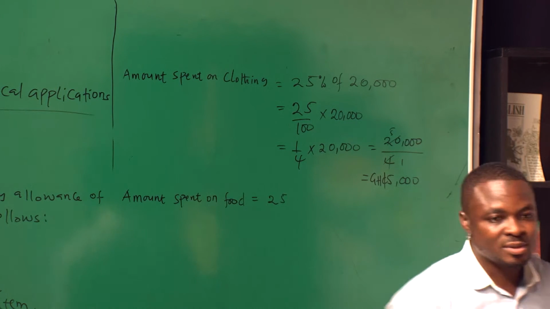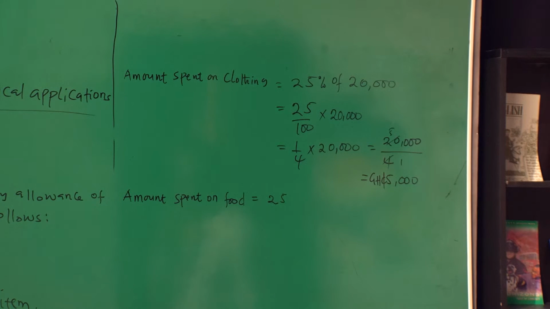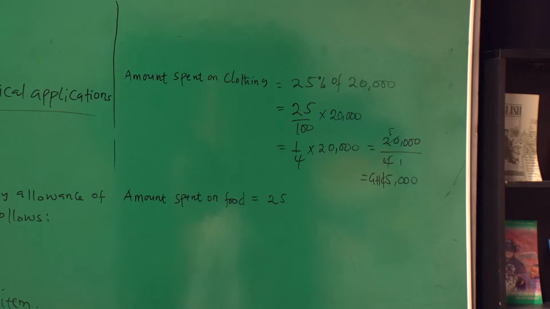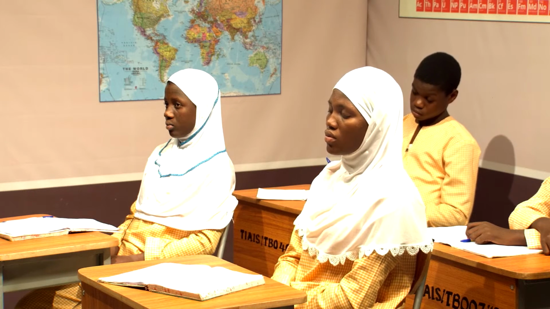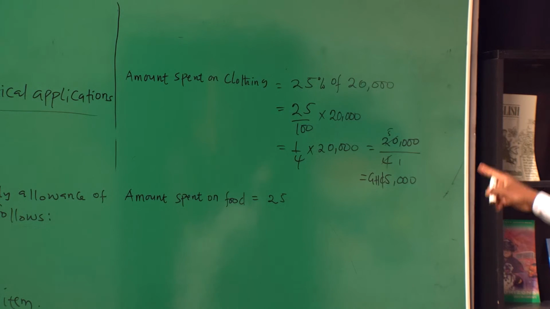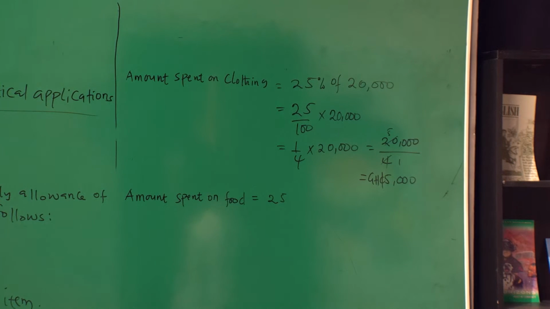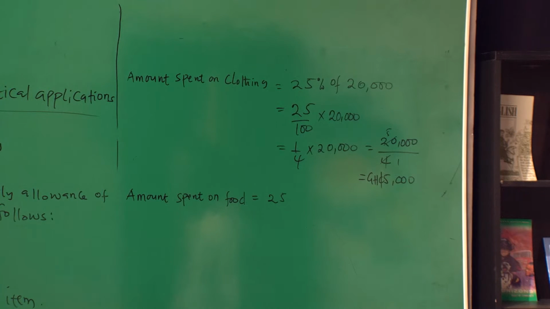So, amount spent on food, how do you write it? Just as I indicated in the first example. 25% of 20,000. Look at it well. 25/100 times 20,000.